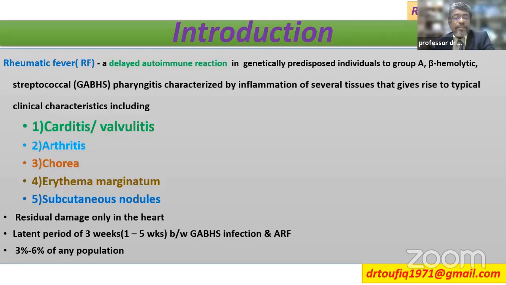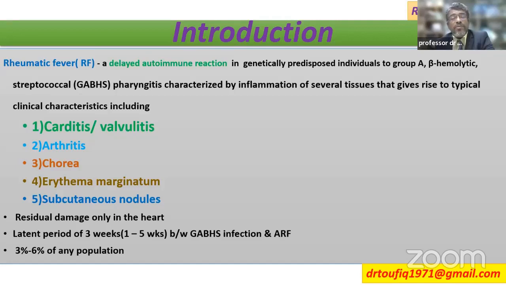There is no residual damage in 3 of the organs. That is, there is no residual involvement in the skin, the joints, or the brain. But there is residual involvement in the cardiac tissues, which may give rise to complications like rheumatic heart disease.